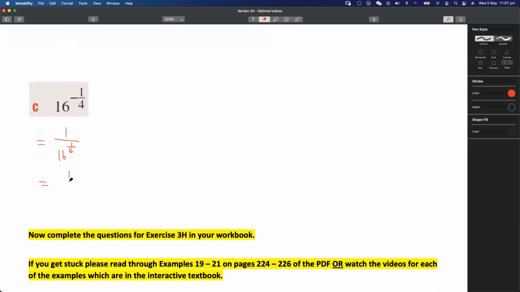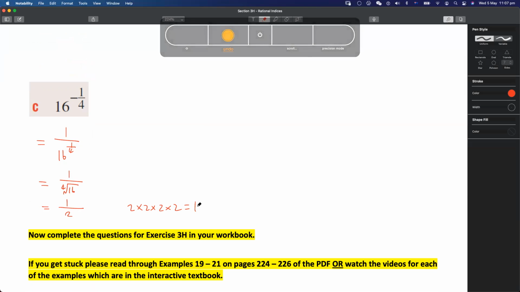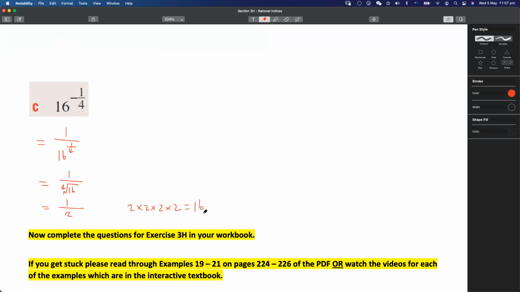The 4 is on the denominator, so that's 1 over the 4th root of 16, which is 1 over 2, because 2 times 2 times 2 times 2 is equal to 16. That's why the 4th root of 16 is equal to 2.